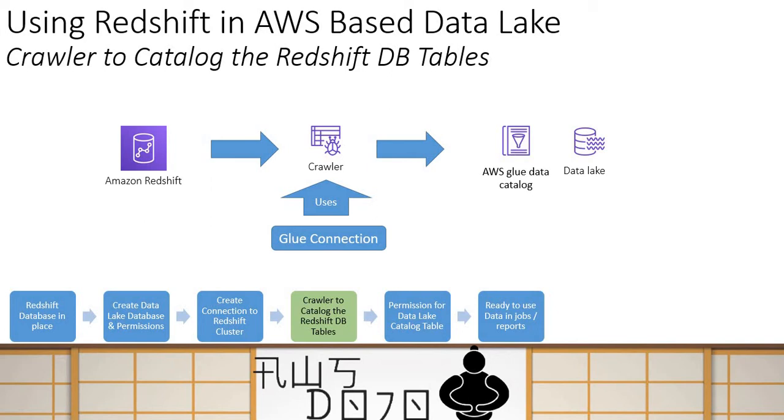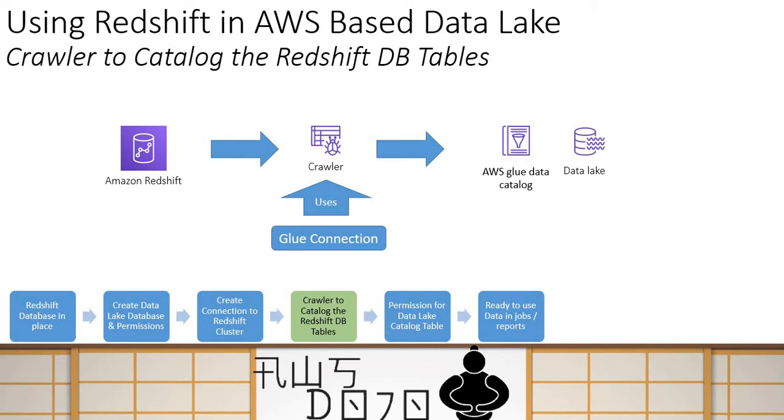But basically, whatever you tell it, it will simply create a one-to-one mapping. So one table will map to one Glue catalog table in the data lake. So it will simply go and catalog the data. And with this cataloged data, the end users of the data lake now get a mechanism to understand what data is available in their data lake.